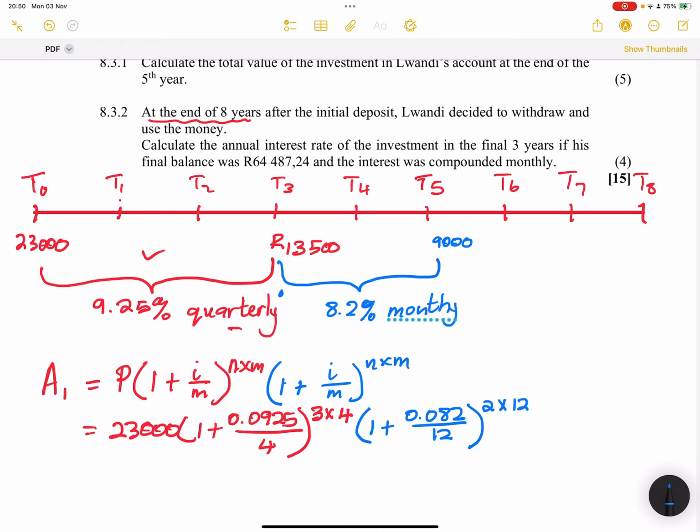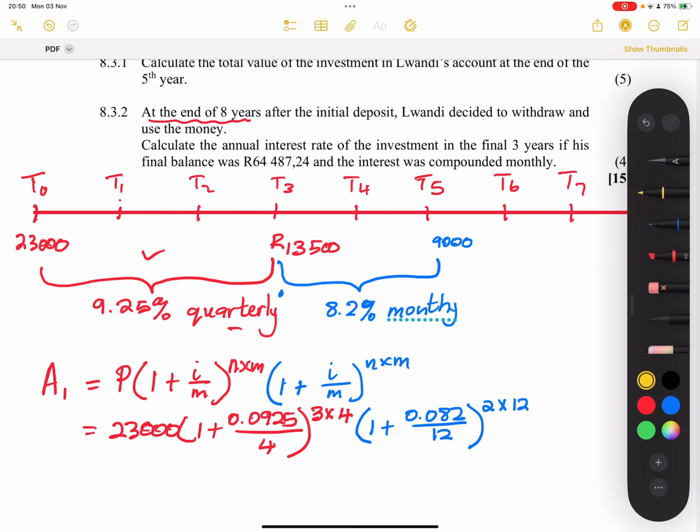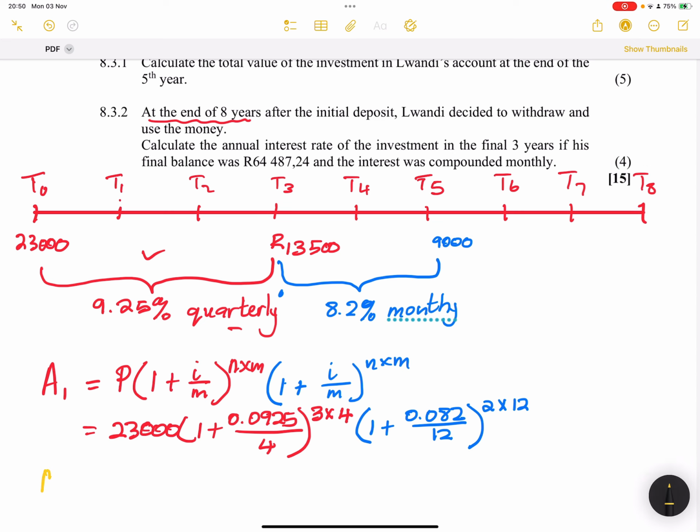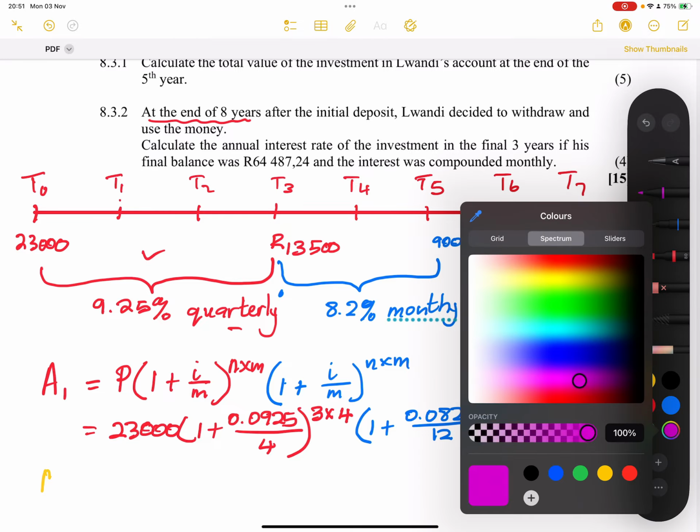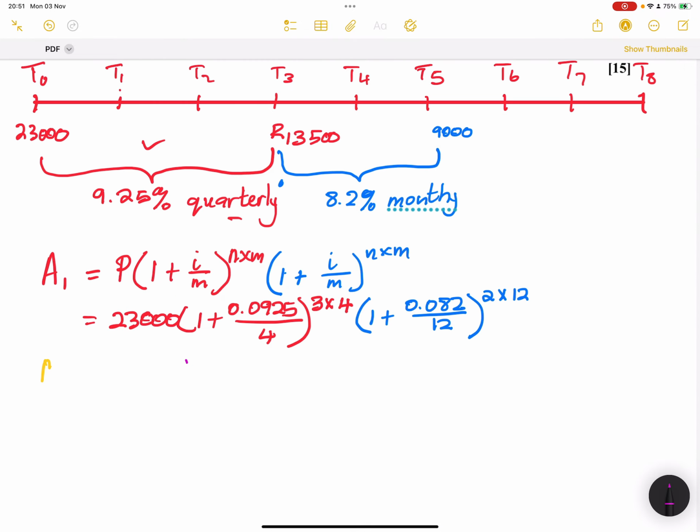Then we have another amount, which I'm going to call A2, the other deposit. That's the 13,500 that we've deposited.